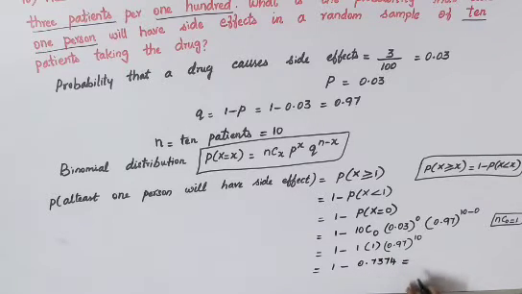Now 1 minus 0.7374, the answer will be 0.2626.